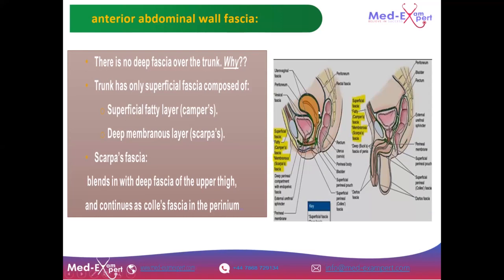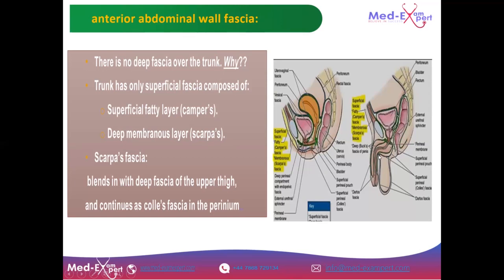If you look at this picture, this is the superficial fatty layer, and this is the deep layer here. The deep layer invests the whole abdomen and extends down in males to invest the penis.